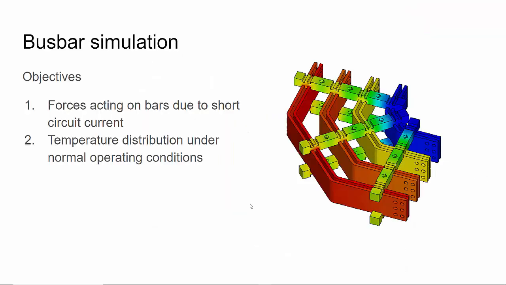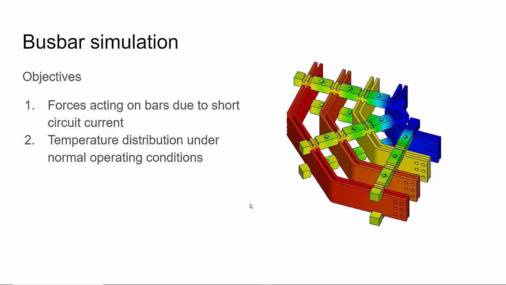In the next model, we move on to the AC magnetic solver. Using this solver, we will simulate a busbar arrangement as shown here. What will be the objectives of this simulation? First of all, we would like to simulate this arrangement of busbar under normal operating conditions, and we would like to see the temperature distribution in the busbars.